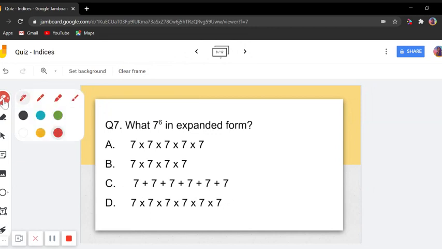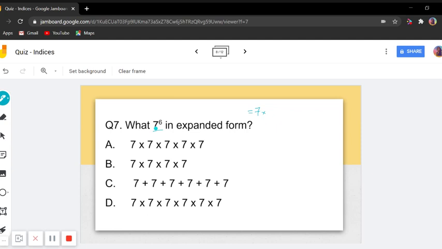Let's go to the 7th question. What is 7 to the power of 6 in expanded form? Alright, let's write it here. Let's solve it. What is the base number here? It is 7.